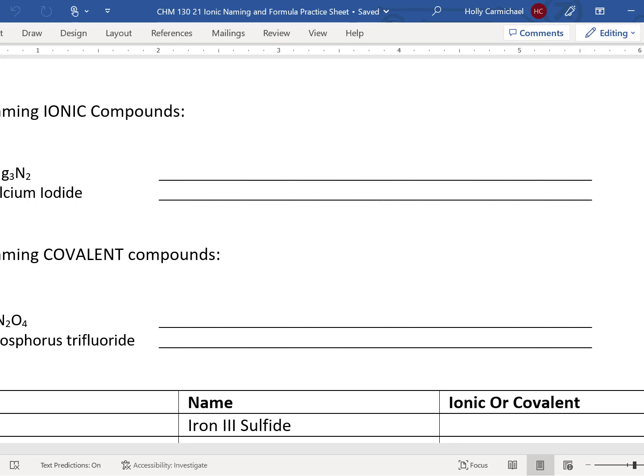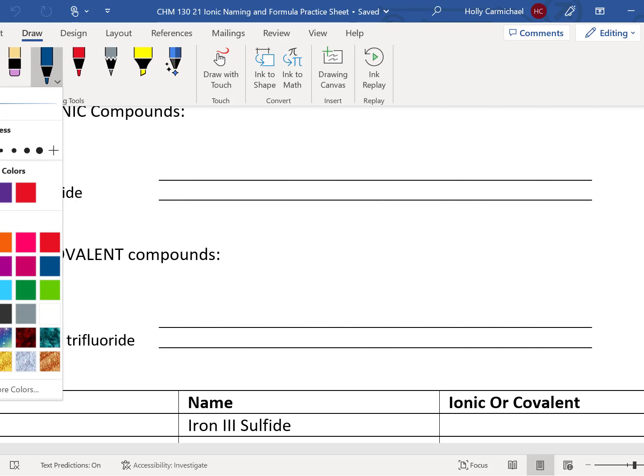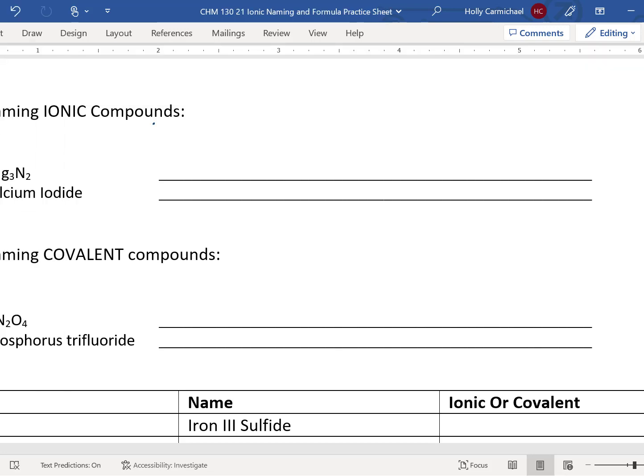You use the whole name of the metal, plus the first part of the non-metal, plus IDE, like sodium chloride. For example, Mg3N2, what would I call it?